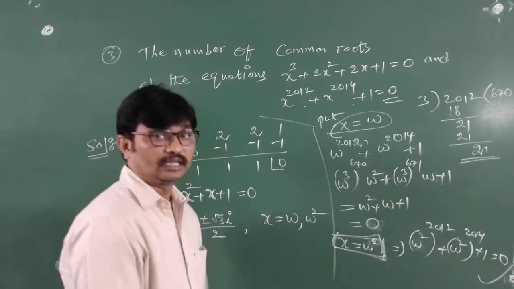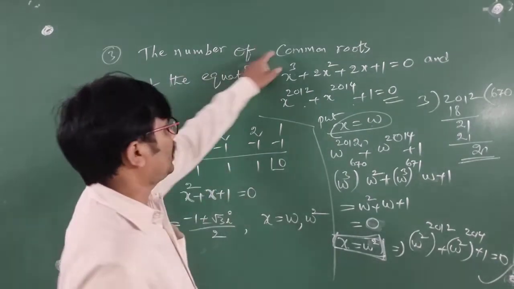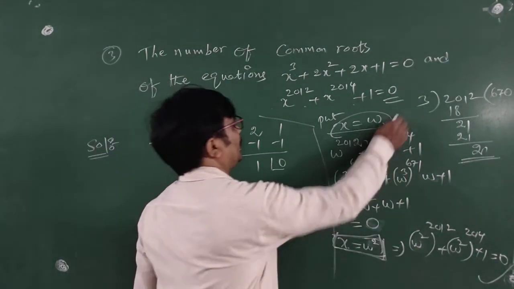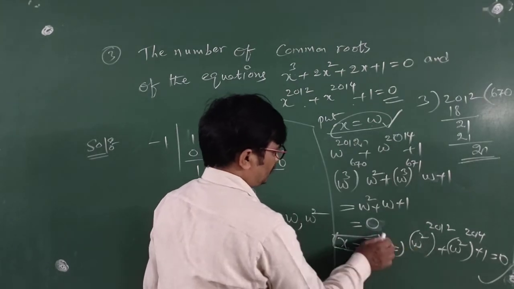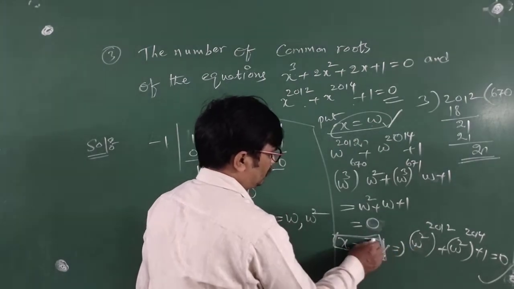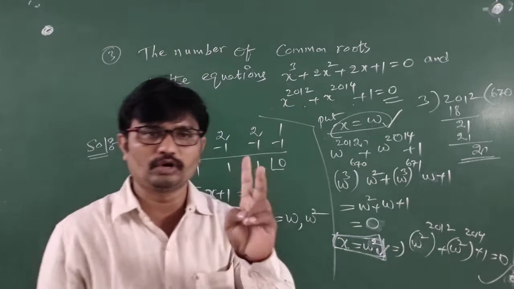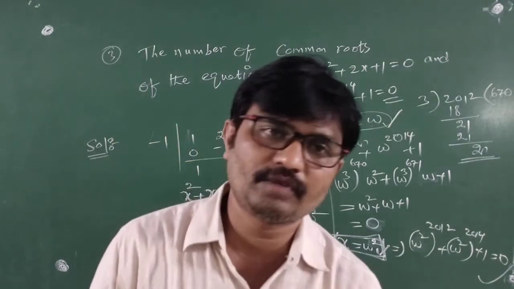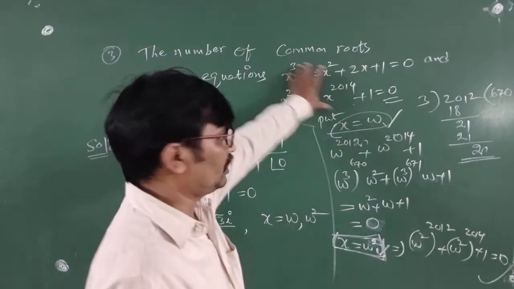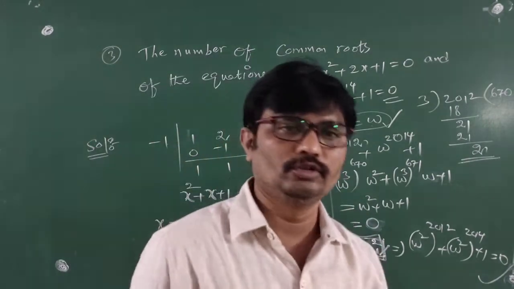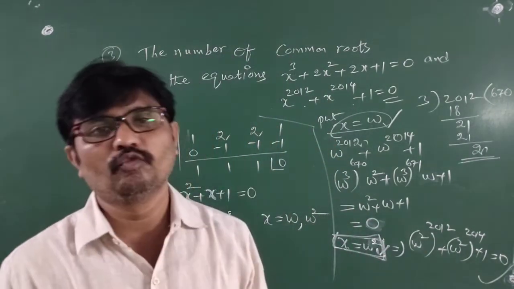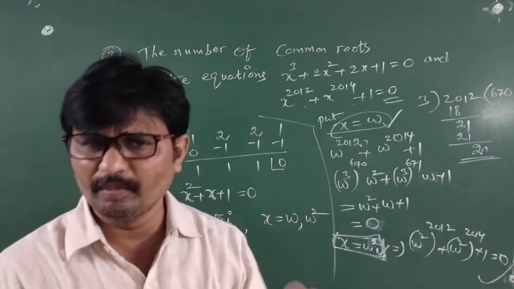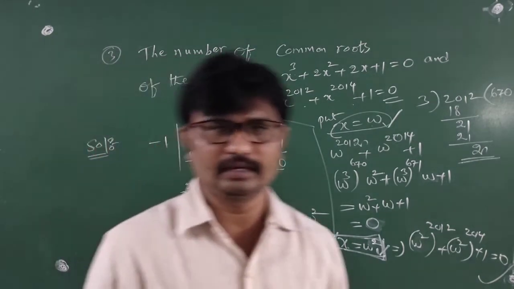So the common roots are omega and omega square. There are 2 common roots, only 2 common roots, those are omega and omega square. Okay students?